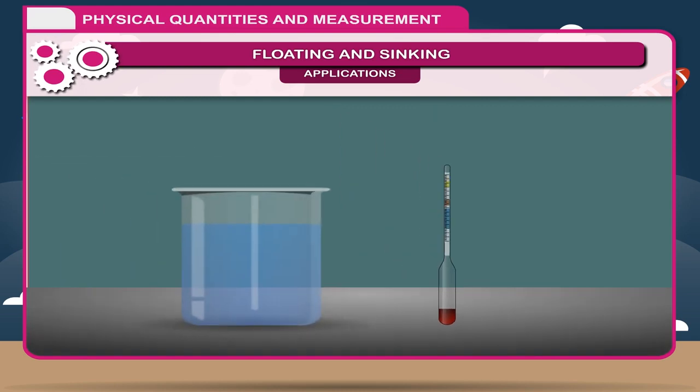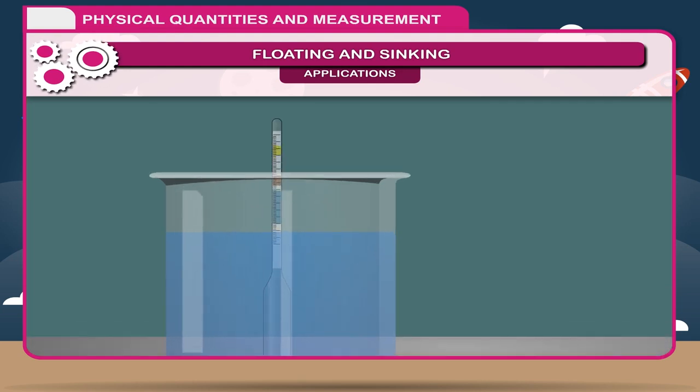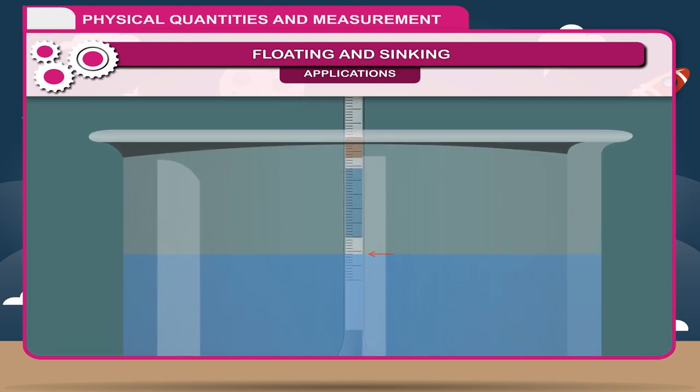The liquid to be tested is poured into a tall jar and the hydrometer is gently lowered into the liquid until it floats freely. The point at which the surface of the liquid touches the stem of the hydrometer is noted. This reading gives the relative density of the given liquid.